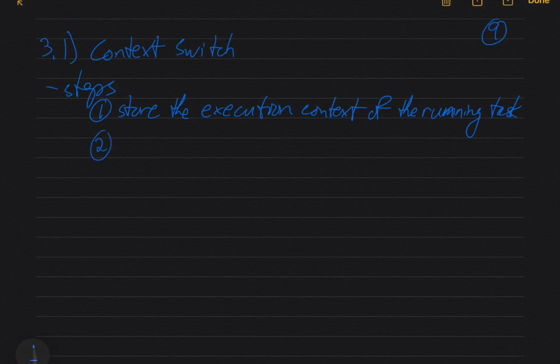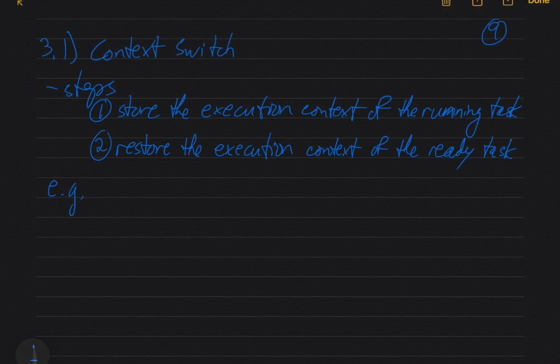So we just save a snapshot of where it's at, and whatever task is now going to start running, we restore its execution context. So we restore the execution context of the ready task, the one that we want to start running.